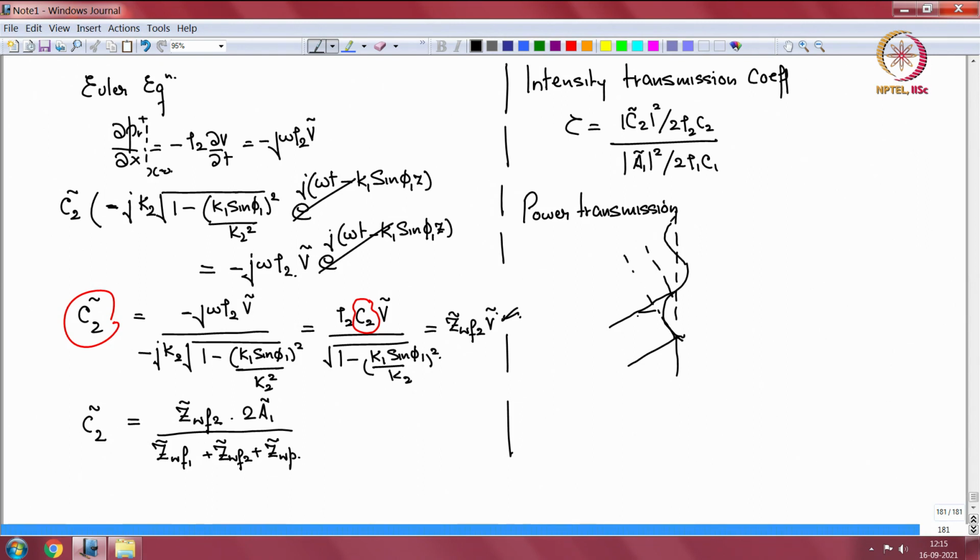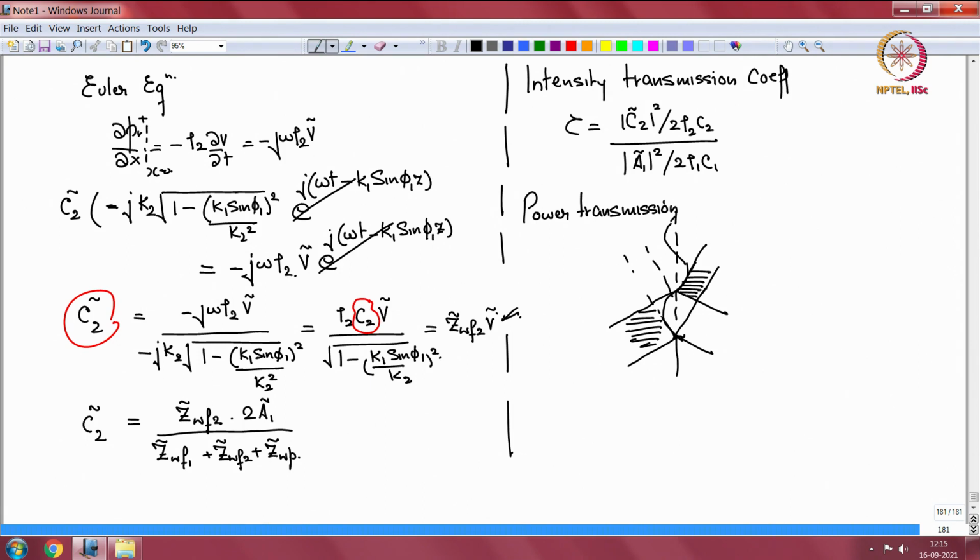So this is the beam width here, but if the wave vector changes direction here, then the normal is like this. So now this beam width is different.